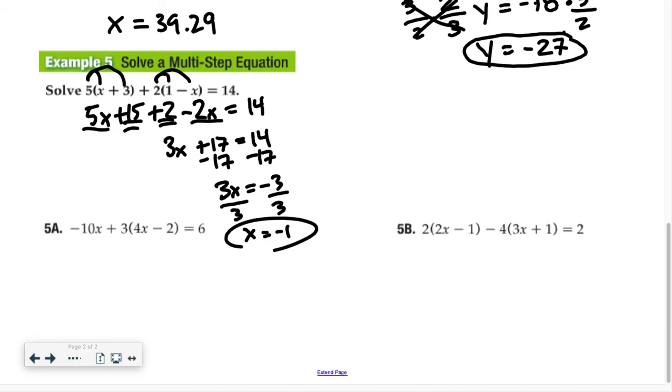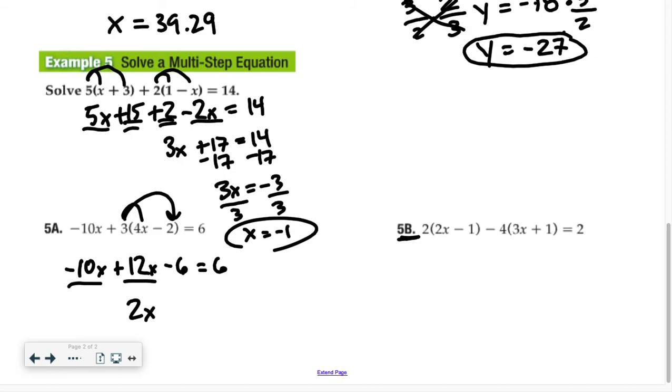Guys, 5b is very similar to distributive properties. 5a, there's only one distribution, so it's negative 10x plus 12x, 3 times 4, and minus 3 times 2 is 6 equals 6. Combine your like terms, that's 2x.